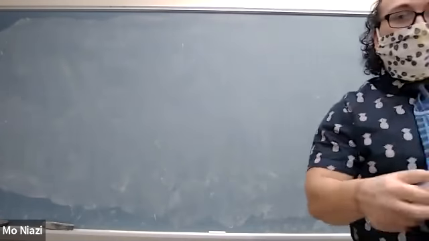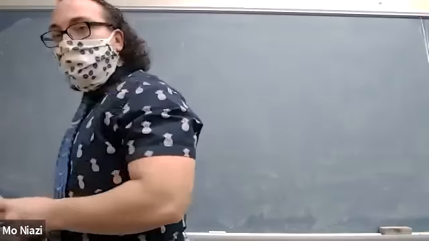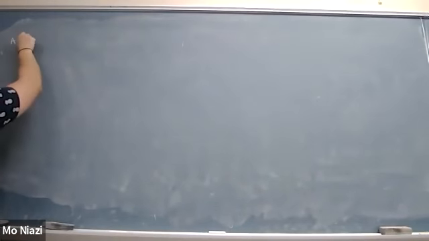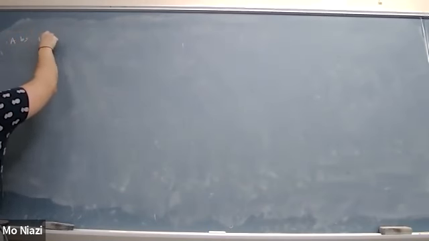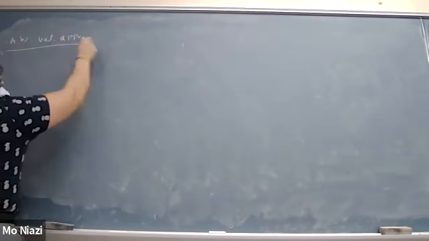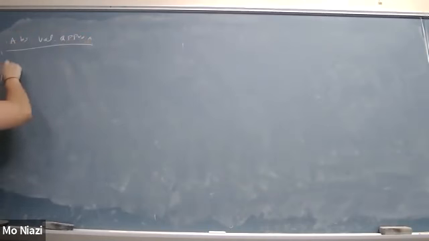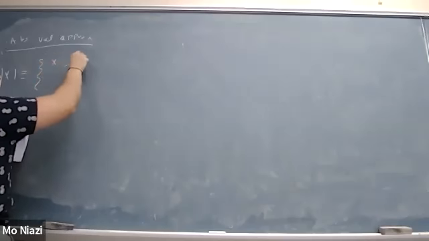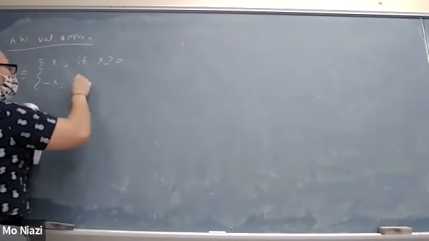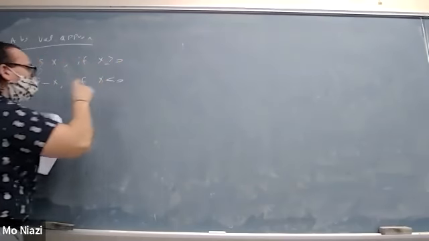So now let's talk about absolute value approximations. So let's first talk about the definition of the absolute value. Let's define it piecewise as being x if x is greater than or equal to 0, and negative x if x is less than 0.